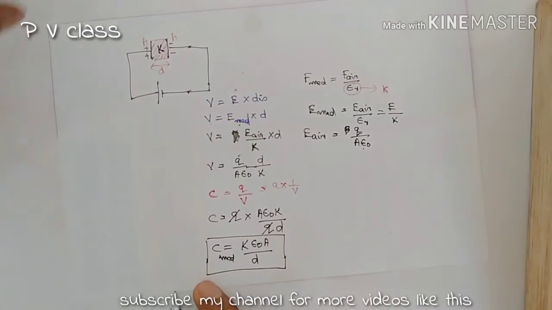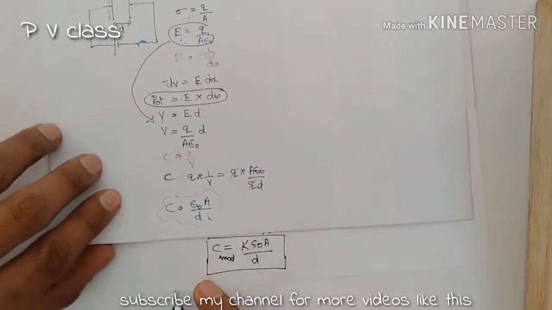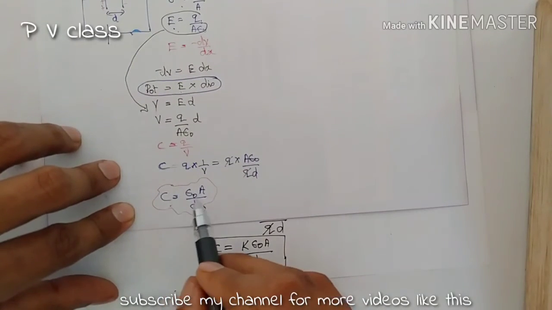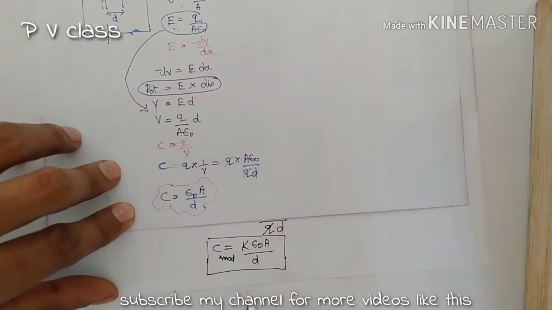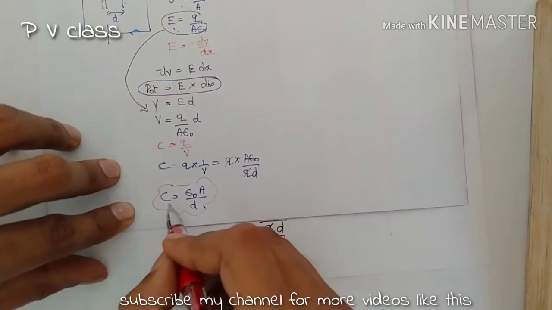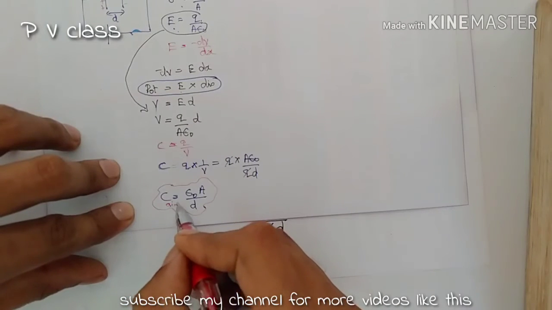And if we are comparing this capacitance with medium expression with capacitance with air, which was epsilon 0 A by D, capacitance with medium is K epsilon 0 A by D. And we could clearly understand this value will be capacitance with air.